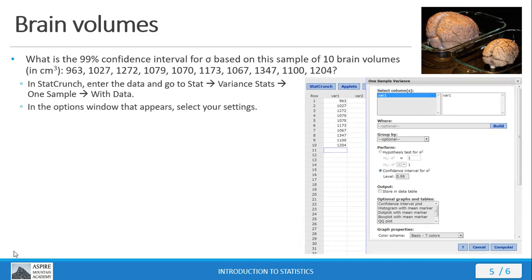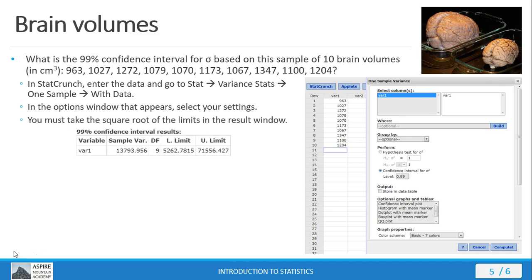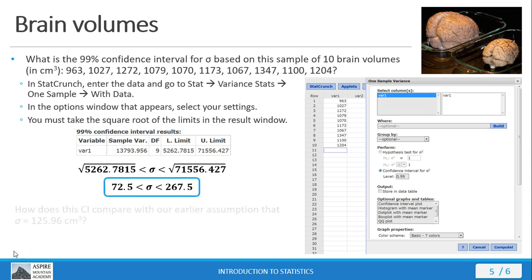Notice if I put actual data values in StatCrunch, I can select with data. So I select the column with the data, put the radio button next to confidence interval, 99% level, and then out comes the results for the variance. I take the square root of those numbers to get the confidence interval estimate for standard deviation.